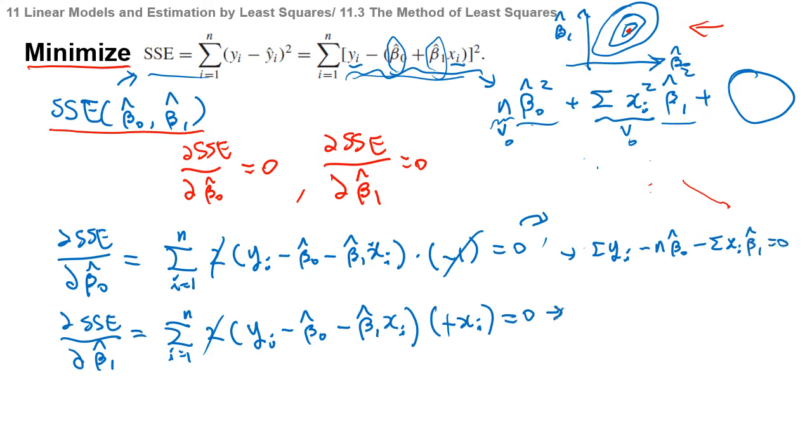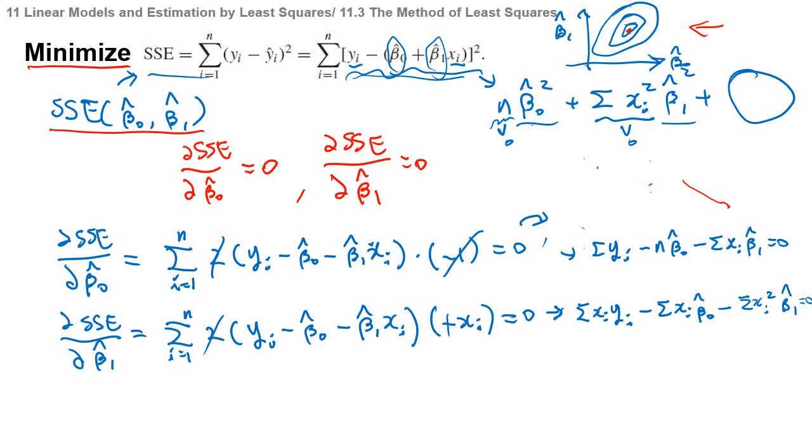And this part becomes the sum of xi yi minus the sum of xi times beta 0 hat minus the sum of xi square times beta 1 hat equals 0.